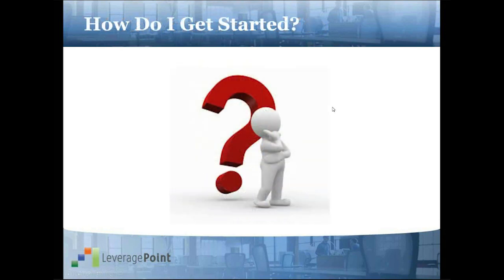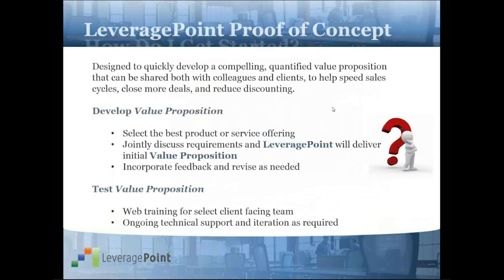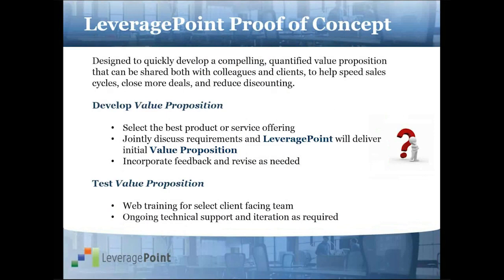So one of the questions that we sometimes get is, how do we get started with something like this within our organization? The way we typically engage with clients is through what we call a proof of concept. The way that works, we try to keep it very simple, is we work with the prospect at this point to develop one or more value propositions for some of their key products, and we allow them to test the value propositions over a period of, say, a couple of months.